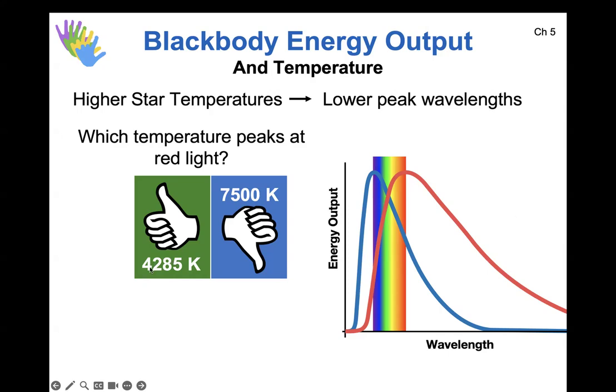The slightly cooler 4285 Kelvin or the hotter 7500 Kelvin? I've gotten one vote so far. Let's get a couple more. All right, I got a vote for the 75. Okay, let's see the answer.